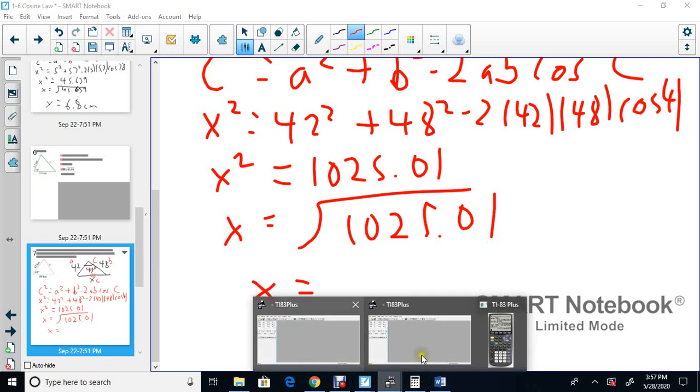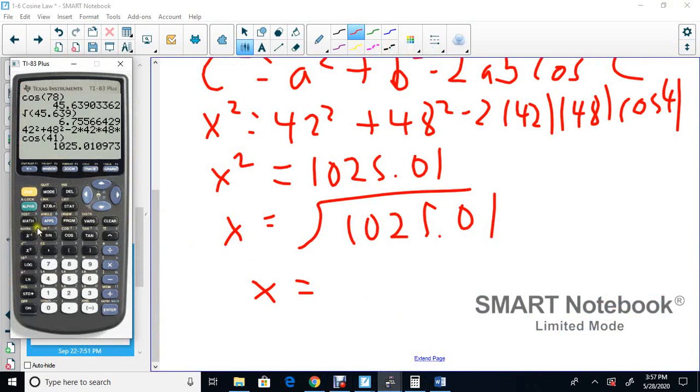We'll go to our calculator. And we go square root of 1025.01.